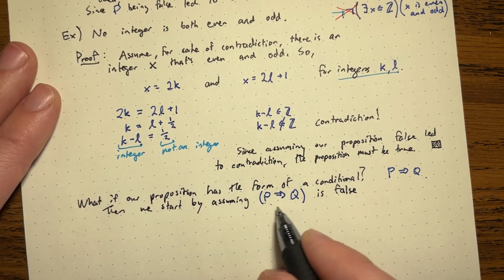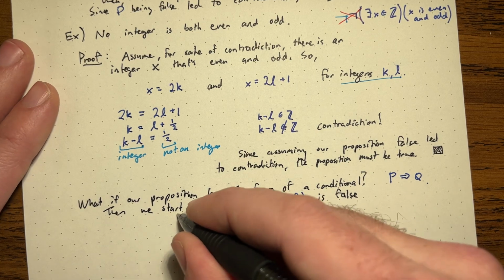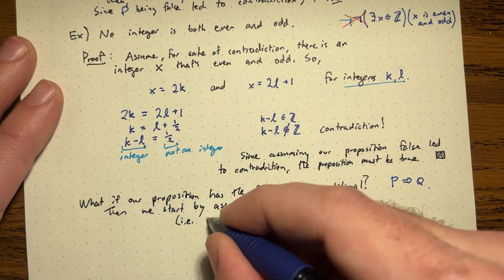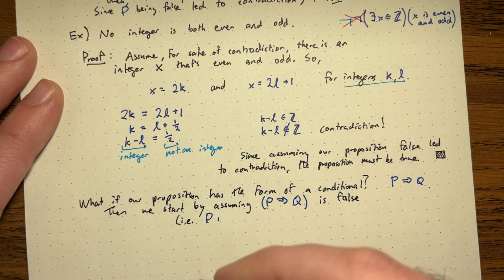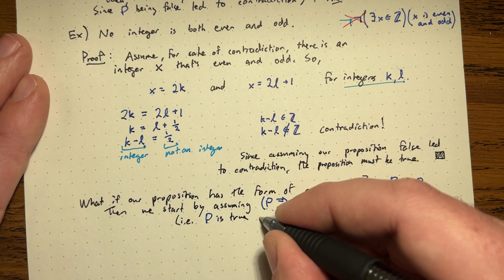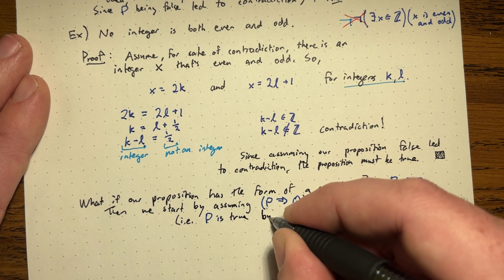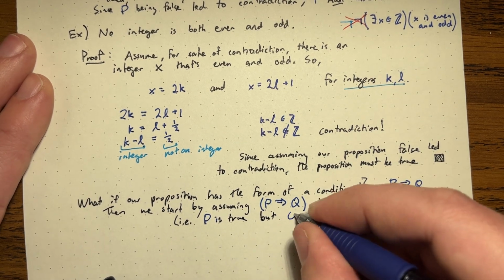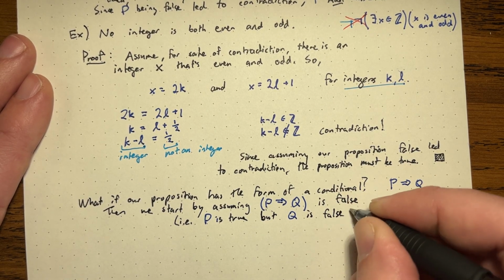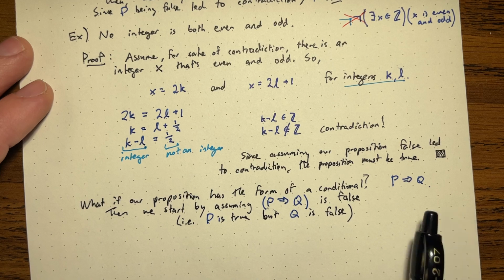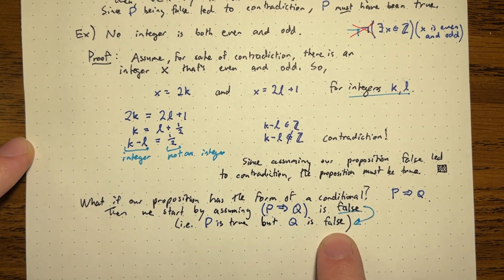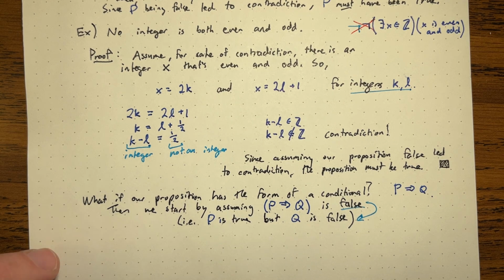But what we want to end up doing is, how do we assume this is false? We actually assume P is true, but Q is false. That's what this means. So if we assume the conditional is false, that's assuming this, okay?